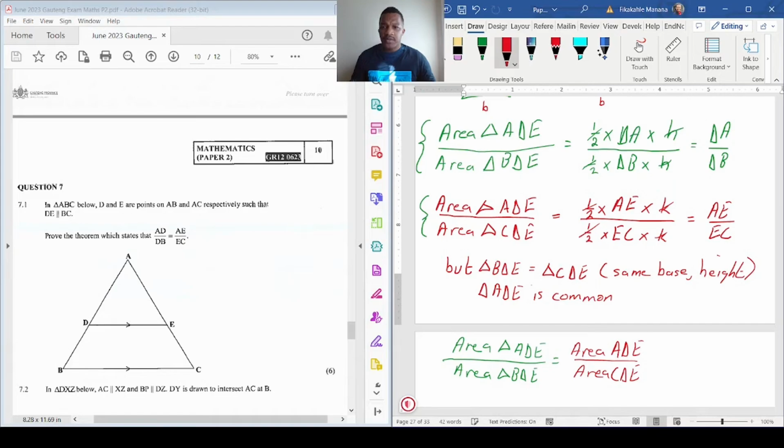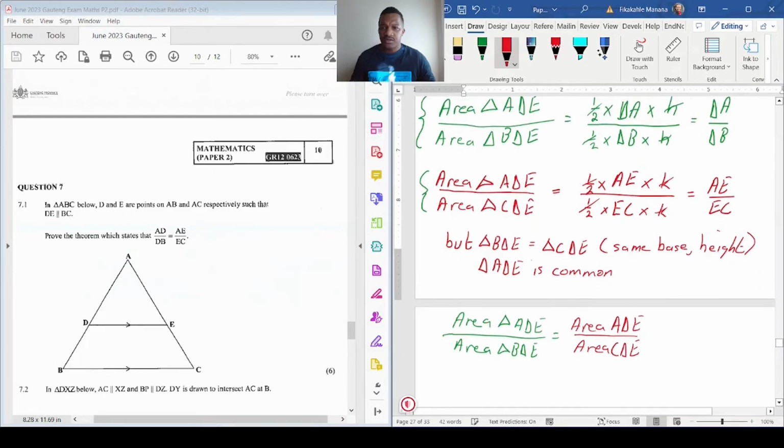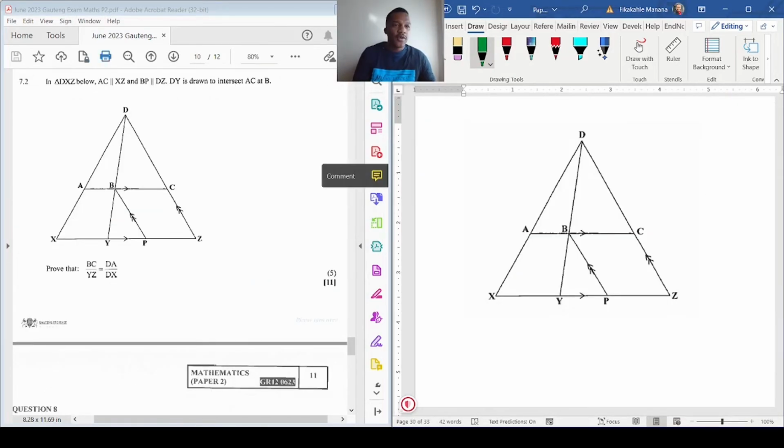Now, remember when we did the cancellations with the individual areas, the green one gave us AD over DB, and that's equal to the red one, which gave us AE over EC. That's it.